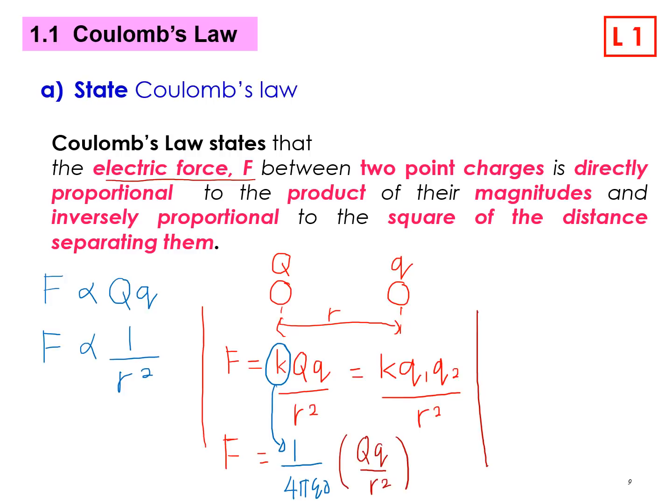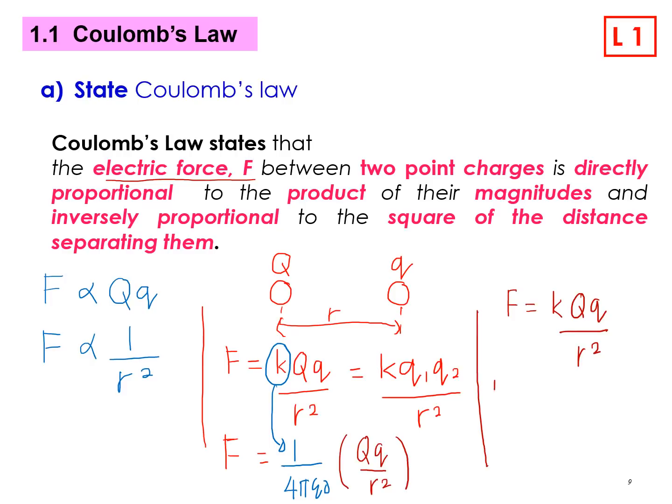So we have two equations. First, F equal to K Qq over r squared.